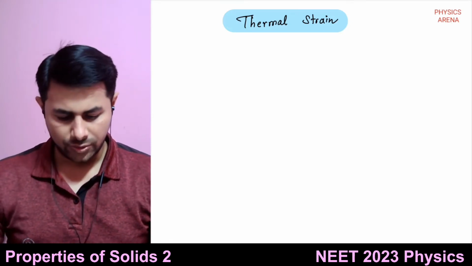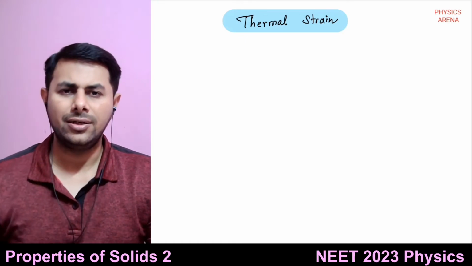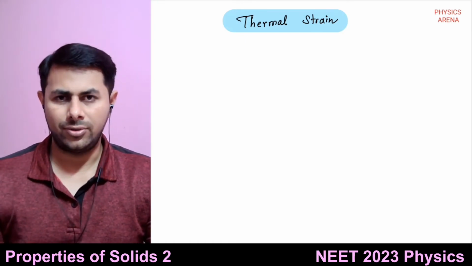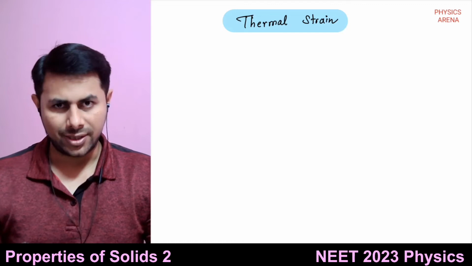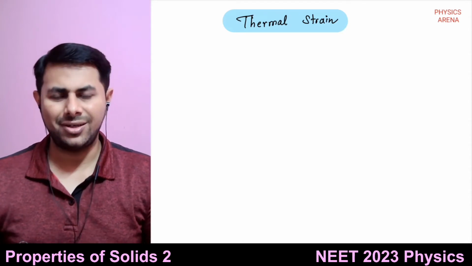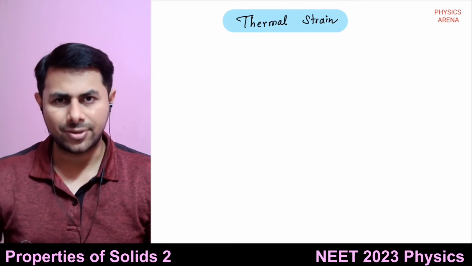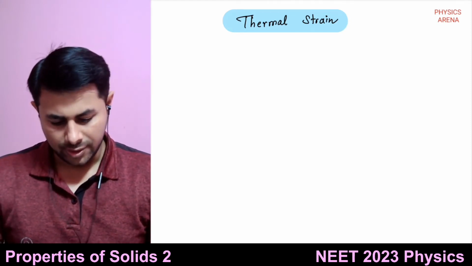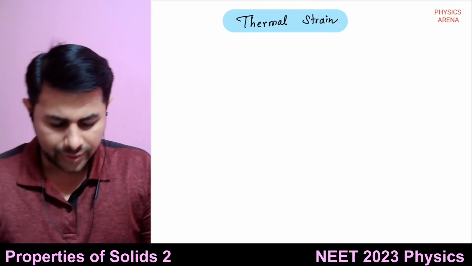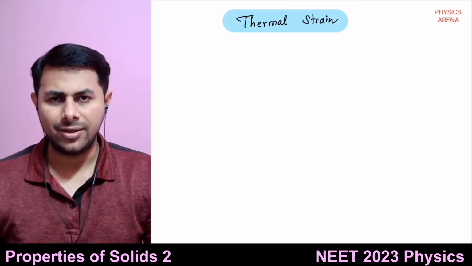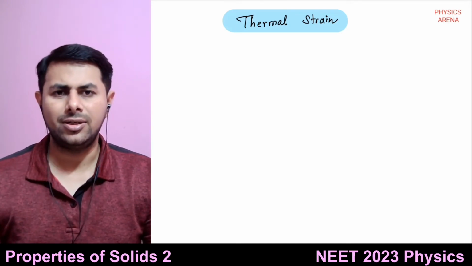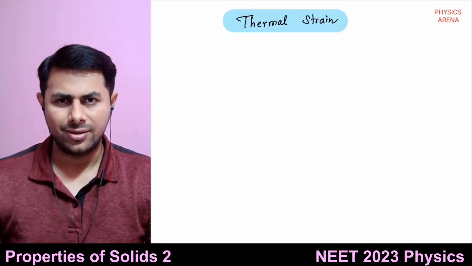So we have seen that if you apply some load to the wire, its length will increase, but the length can increase due to rise in temperature also. Okay, so now the strain caused in wire because of rise in temperature is known as thermal strain.